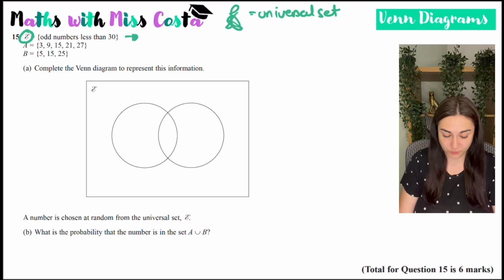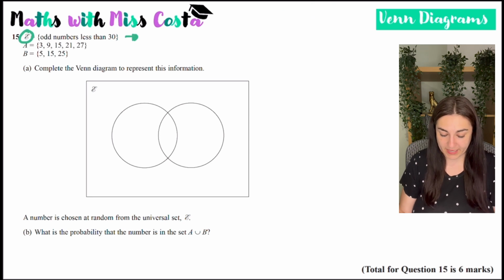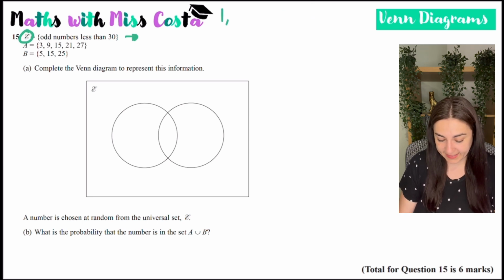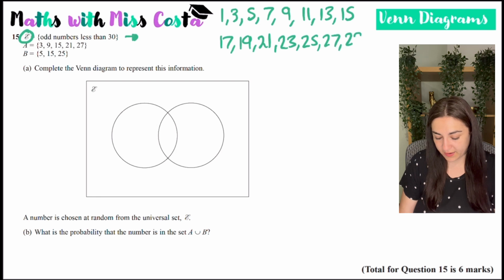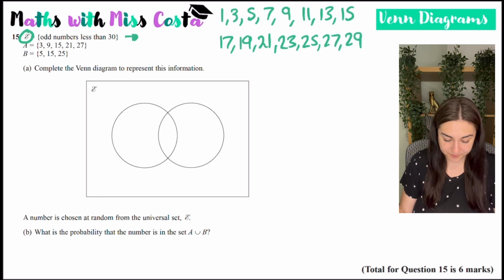So I can start by just writing them down so that I know what my possible numbers would be. So every odd number that is less than 30, so that would be 1, 3, 5, 7, 9, 11, 13, 15, 17, 19, 21, 23, 25, 27, and 29.